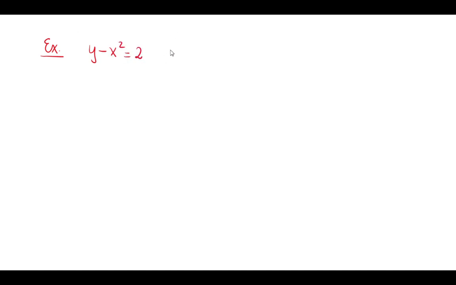Solve it for y. You just move that x squared to the right side, so we have y equals x squared plus 2. This is unique. You don't have multiple solutions for y. So yes, this represents a function.